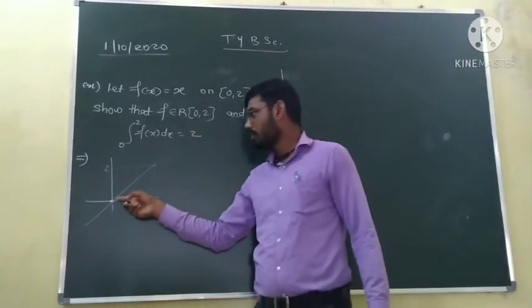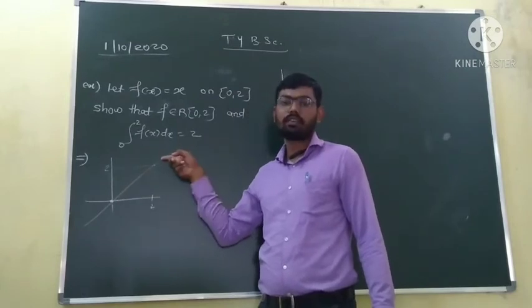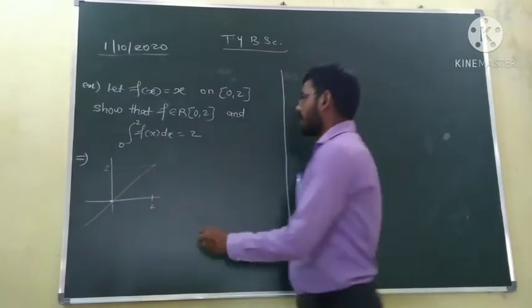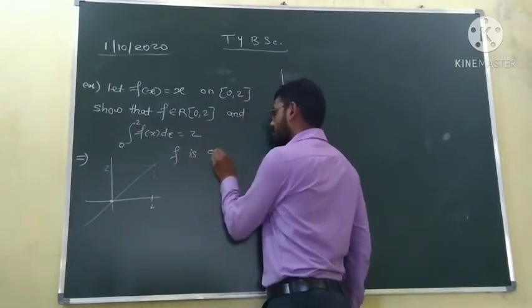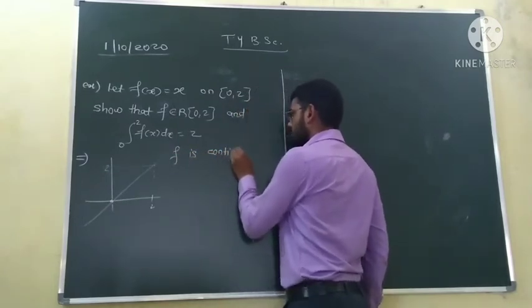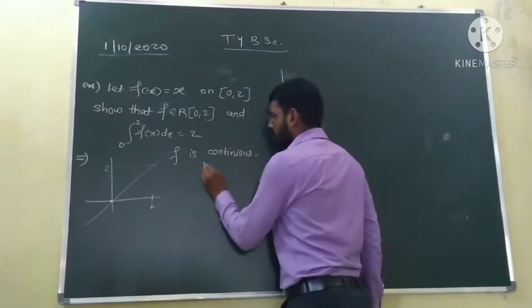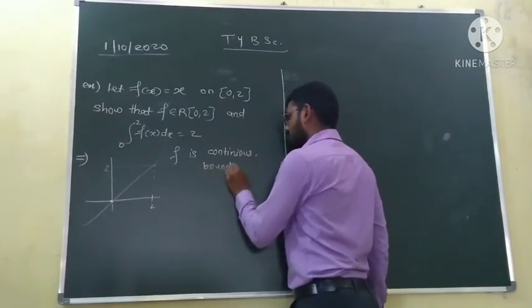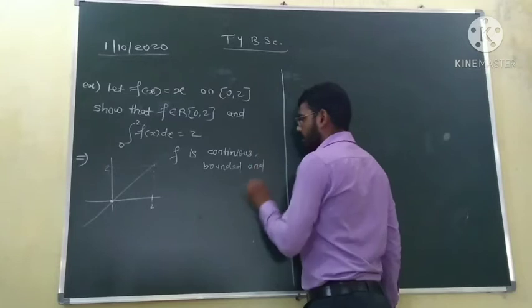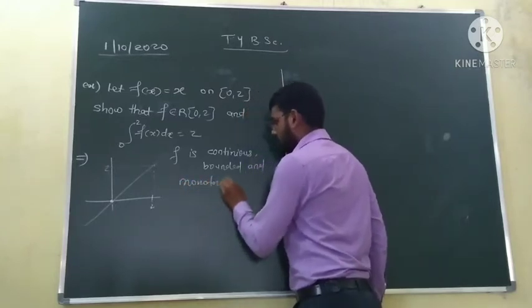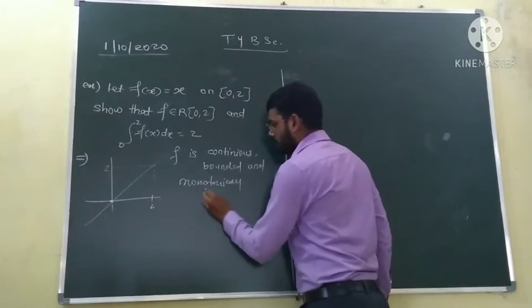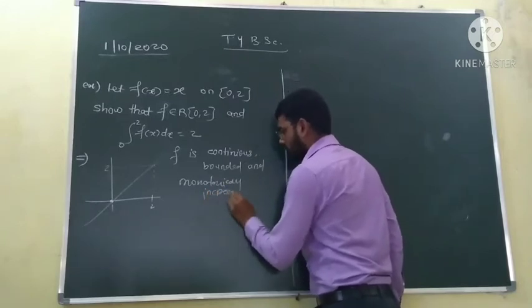So this function is monotonically increasing. Okay. So we can write f is continuous, bounded, and monotonically increasing function. Okay.